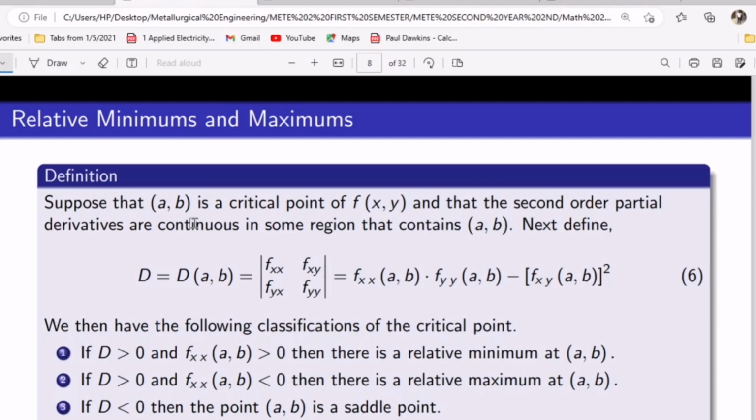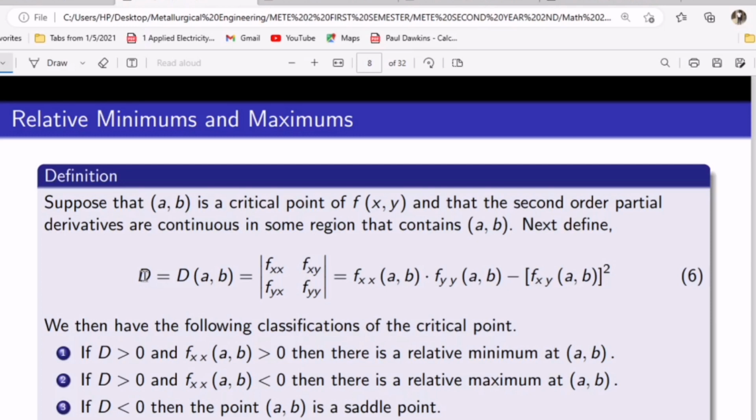of a given function. Okay, so for us to find D, you are using the critical point, and based on the values you get for D, you're going to conclude whether the function has a relative minimum or relative maximum, or even whether the point that you have is a saddle point.